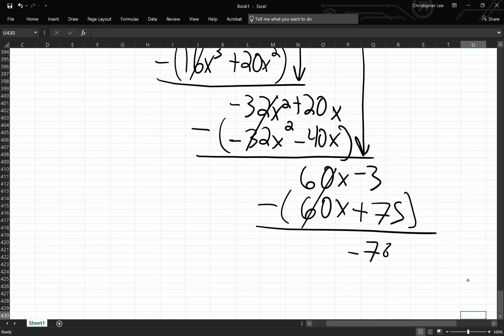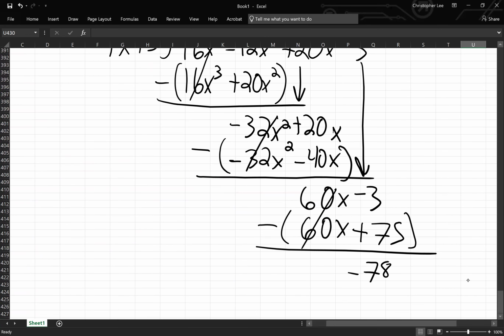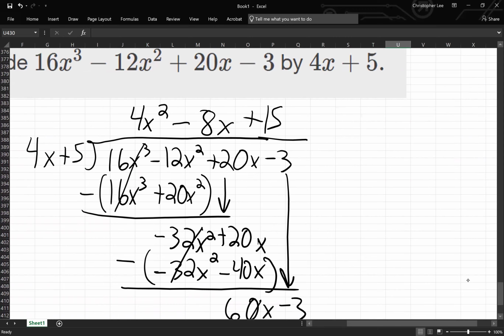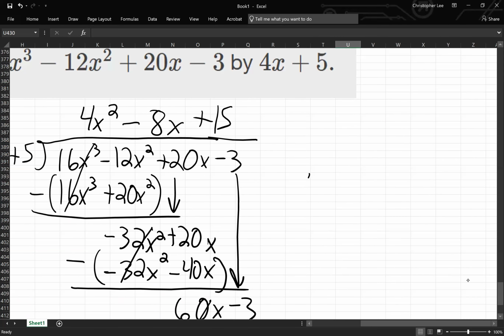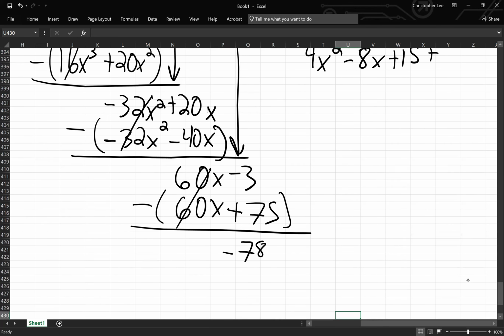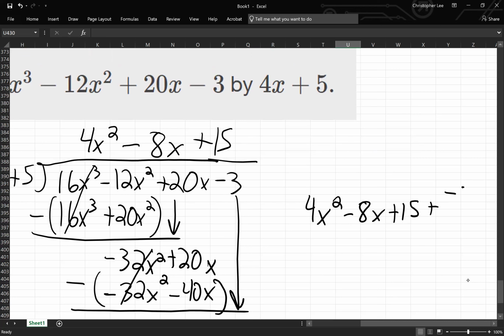So we do 4x squared minus 8x plus 15 plus negative 78, over the divisor, which is 4x plus 5. That's it.